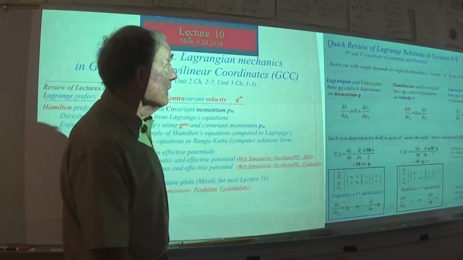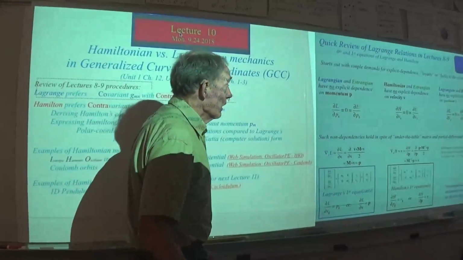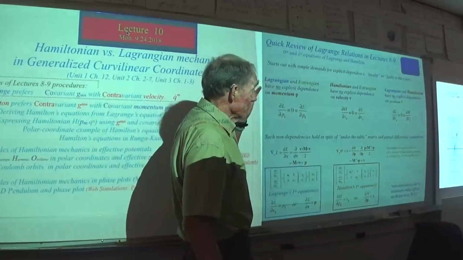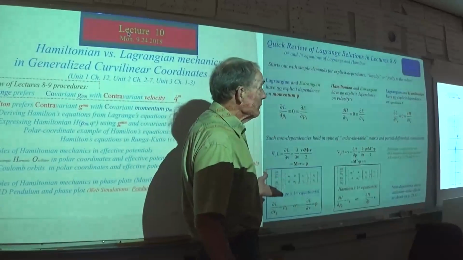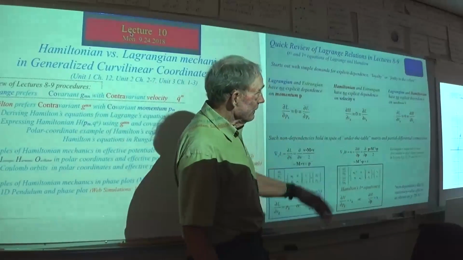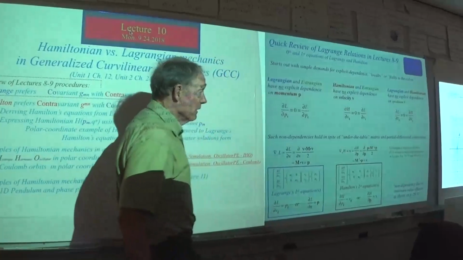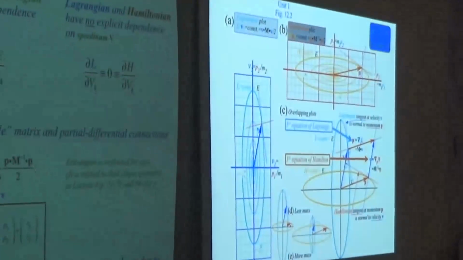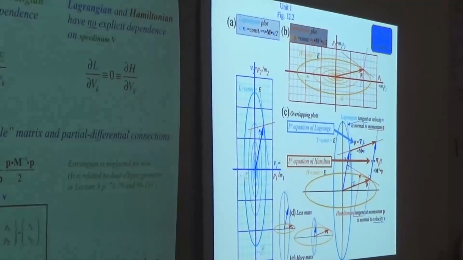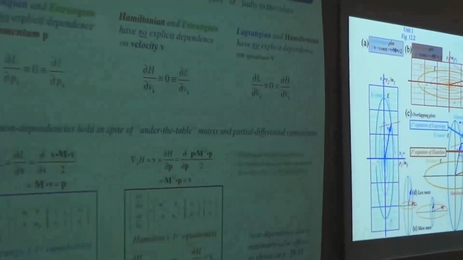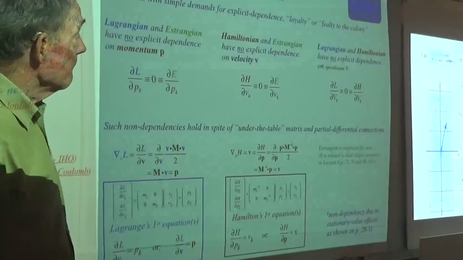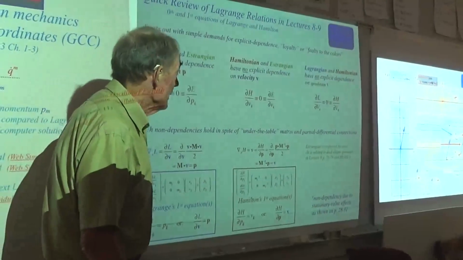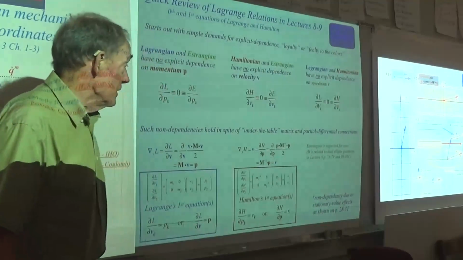Okay, so just to review, we've already had differential relations that we eked out of the geometry, on the right-hand screen there, and the equations that go with them for the Lagrangian and the Hamiltonian were on this page in lecture 8, and again in lecture 9.